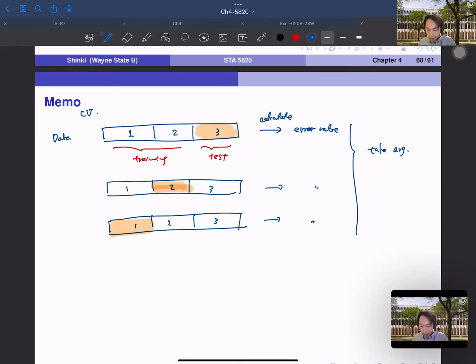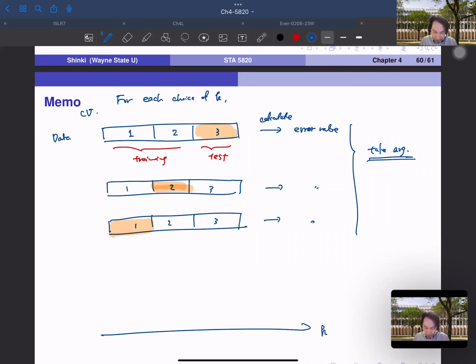So this is a kind of training and test set approach, the validation approach. We do this for each choice of K. Then we can compare the error rate of each model.